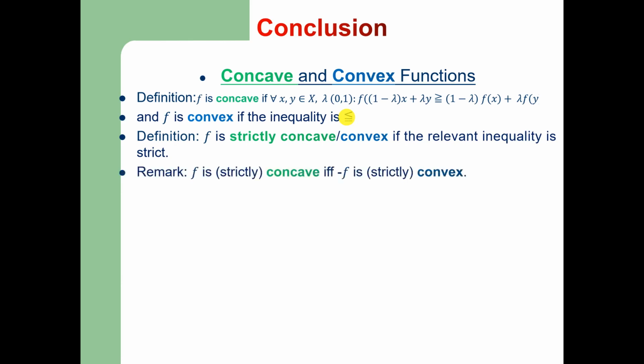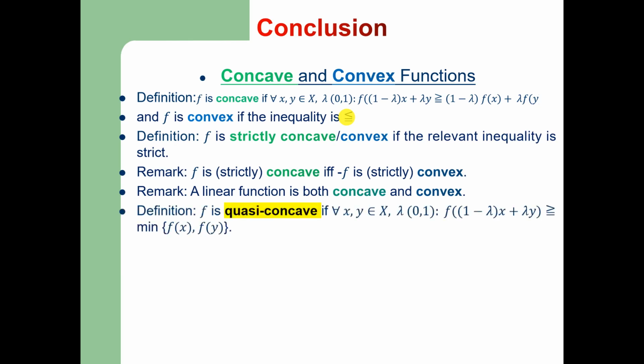The remark is that a function f is strictly concave if and only if the negative of the function is strictly convex. A linear function is both concave and convex. Function f is quasi-concave if for all x and y in the domain and lambda in the interval 0 and 1, f of 1 minus lambda x plus lambda y is greater than or equal to the minimum of f of x and f of y.